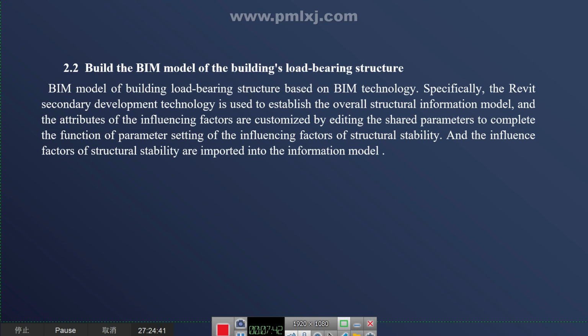And the influencing factors of structural stability are imported into the information model.